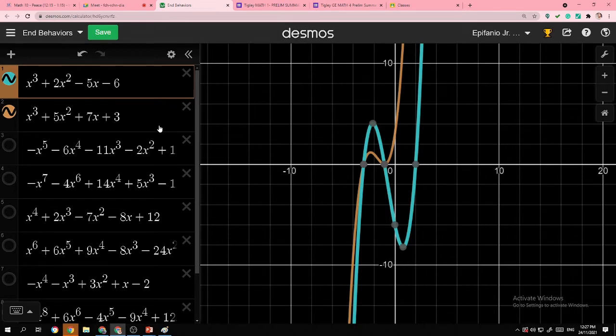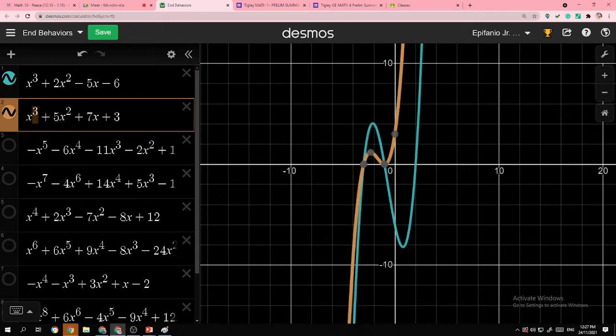The characteristic of a down-up end behavior is this: odd degree, positive leading coefficient. So all odd degrees with a positive leading coefficient will give you a graph that goes down first, and then the other arrow goes up. That is the down-up end behavior.